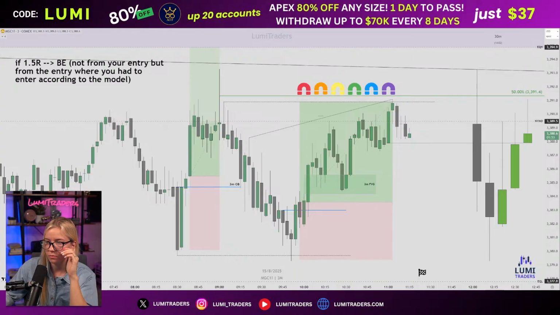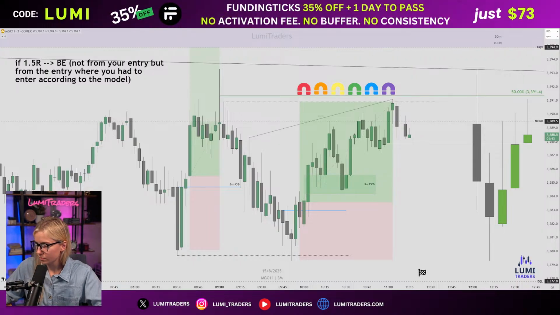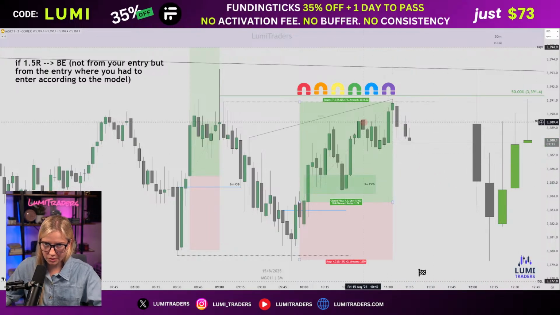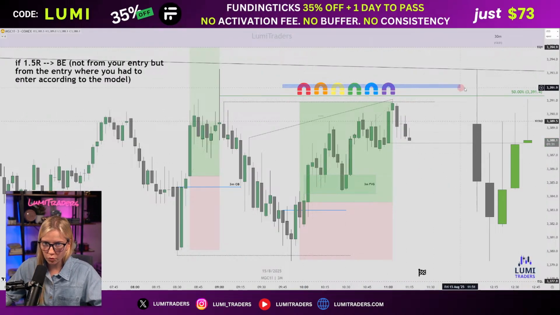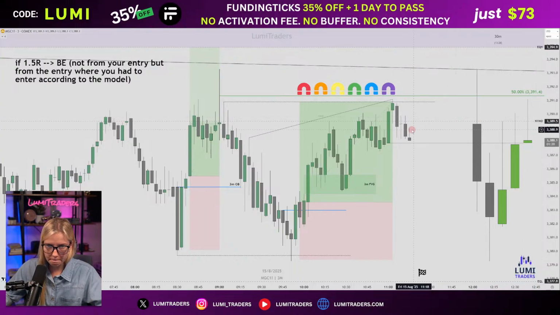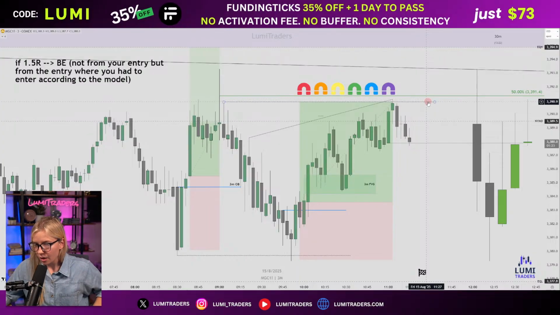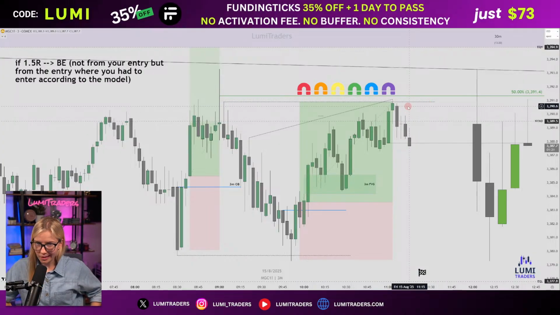Okay, that's it. So it's just not worth it to hold to this TP. Probably that's it. It was 20 cents away. That's it. I already announced winners like 15 minutes ago.